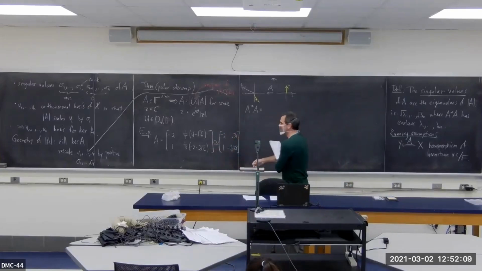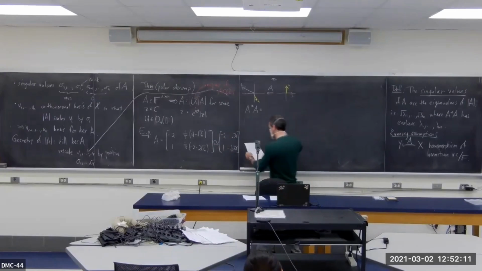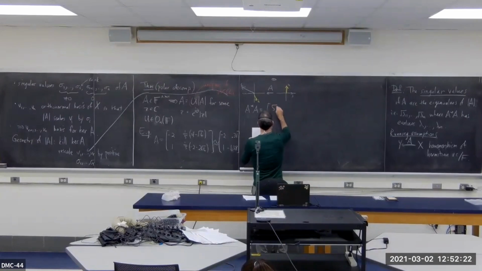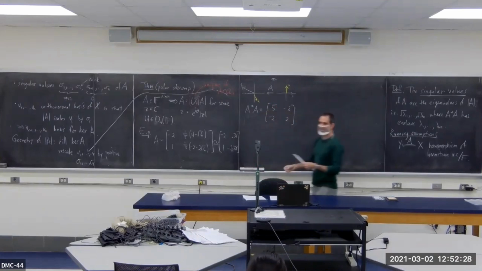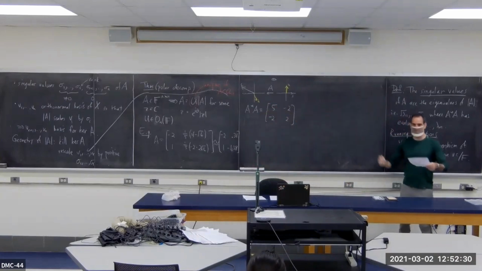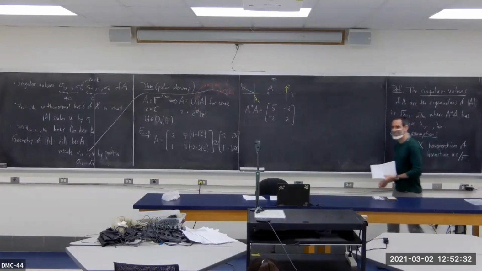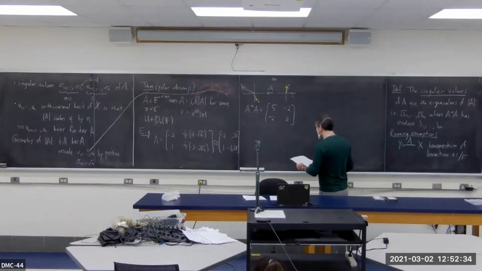I did spend a lot of time making sure I got this exactly right. The details are in the notes if you want to see them. But here we go. This is going to be 5, minus 2, minus 2, 2. See, that's the one that looks pretty. Right? Okay.